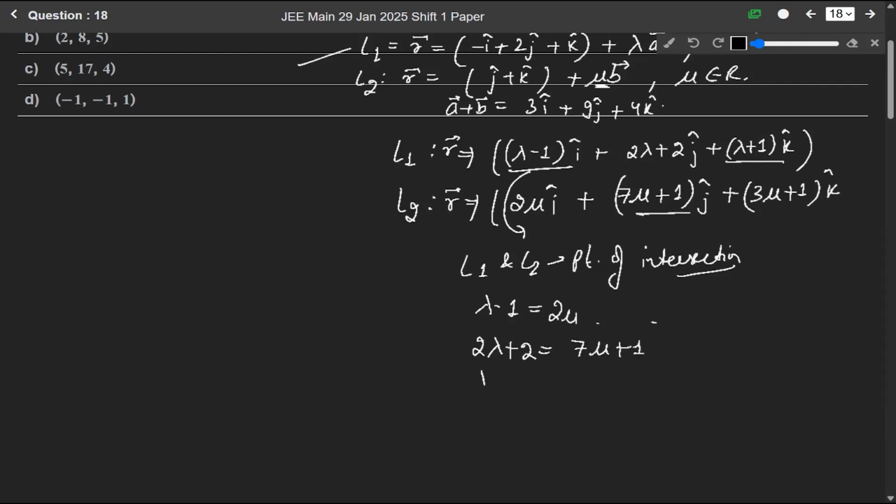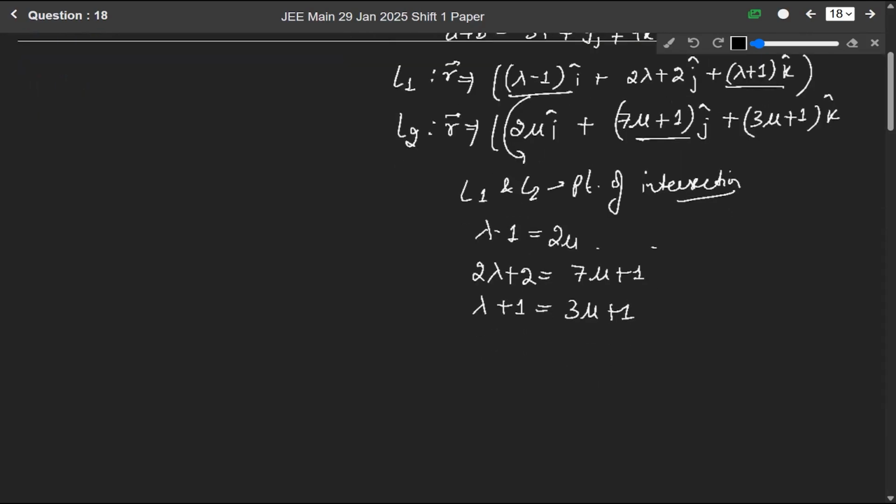And λ plus 1 will be equal to 3μ plus 1. So λ minus 1 equals 2μ, and 2λ plus 2 equals 7μ plus 1, and λ plus 1 equals 3μ plus 1.